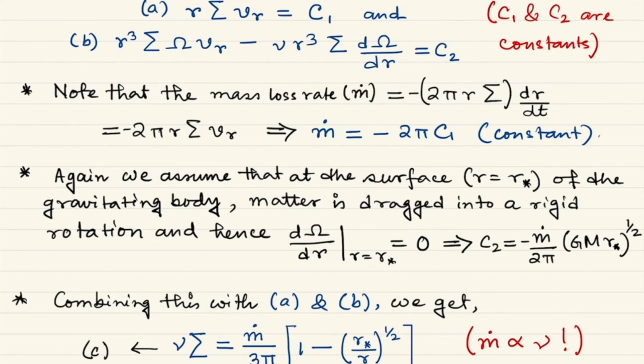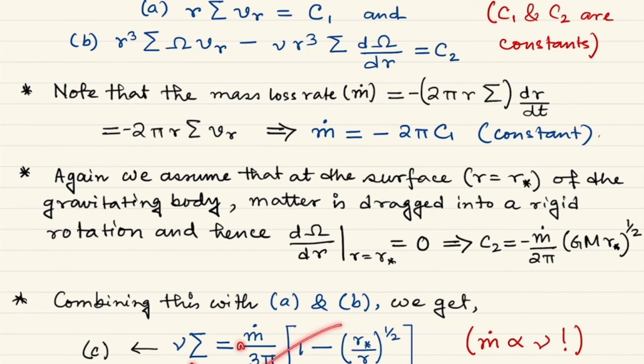Now just using the value of C2 in this equation, finally you can find an expression relating M dot and nu sigma. Okay, so you see nu sigma is equal to M dot by 3 pi times 1 minus (R star by R) to the power half.